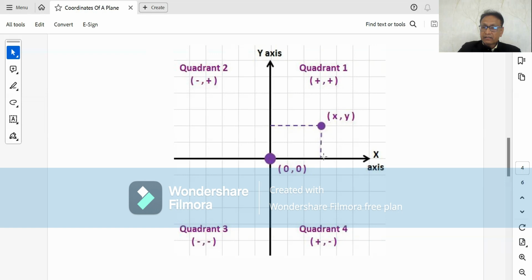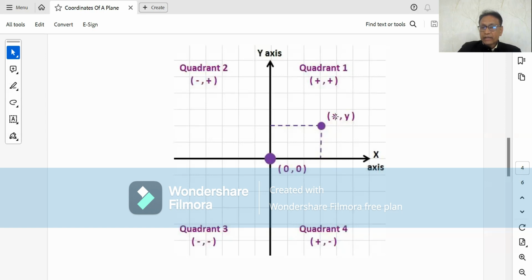It intersects the x-axis here. Similarly, draw a perpendicular from this point onto the y-axis. It intersects the y-axis over here. This is our origin, where the value of x is 0 and the value of y is 0.